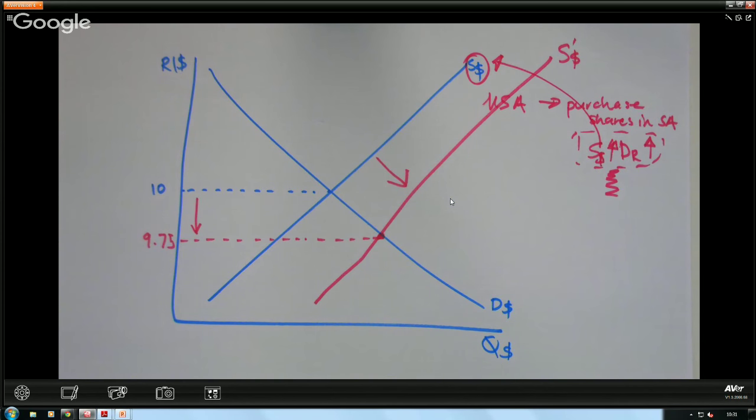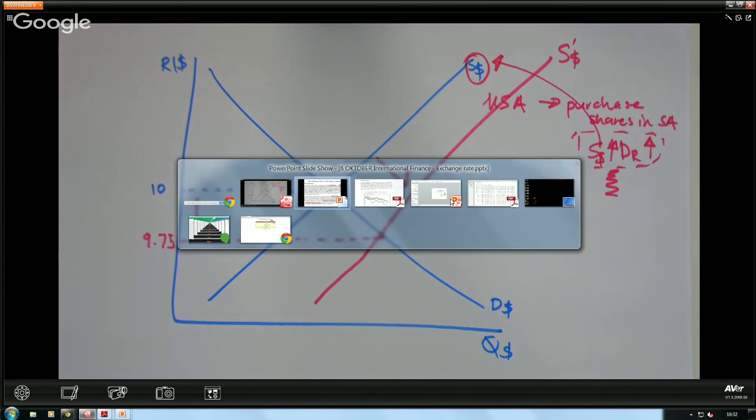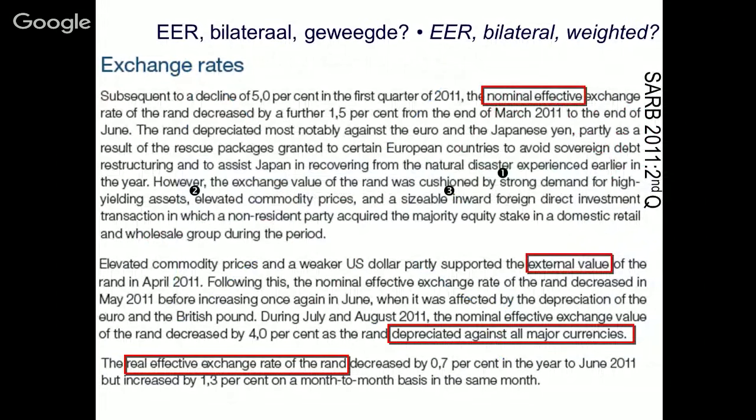What happens first? What leads to what? Okay, everybody cool? Any questions on this? All right. Good. There we go. Can you see why that is a positive impact? It cushioned the depreciation. Still, it depreciated, or the value decreased, but not as much because of this.